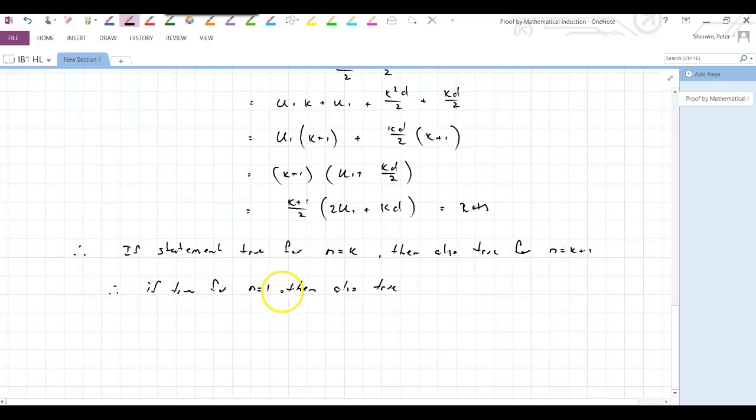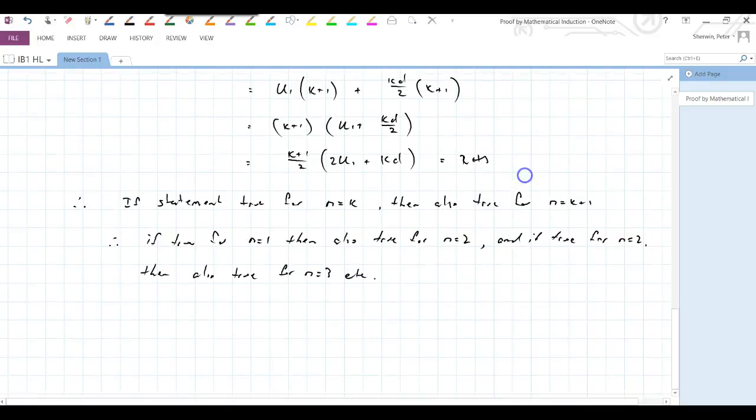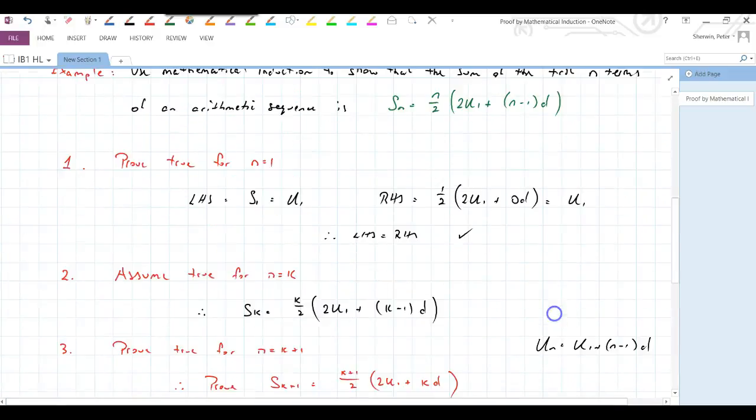So if true for n equals 1, which it is, then also true for n equals 2, and if true for n equals 2, then also true for n equals 3, etc. So our final statement is therefore true for all integers n greater than or equal to 1, which is the proof.